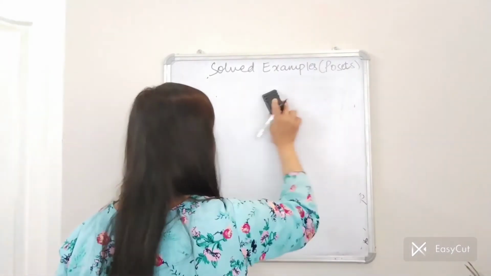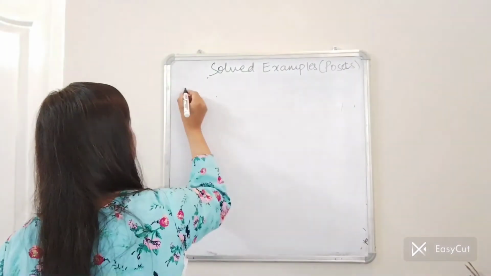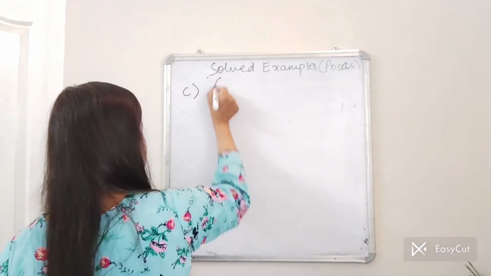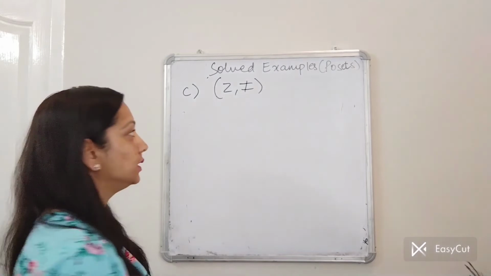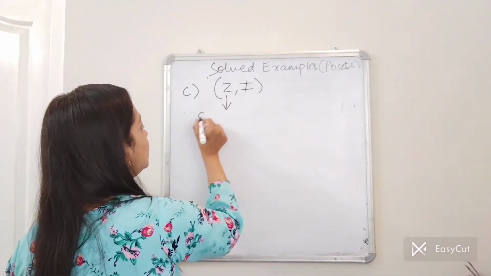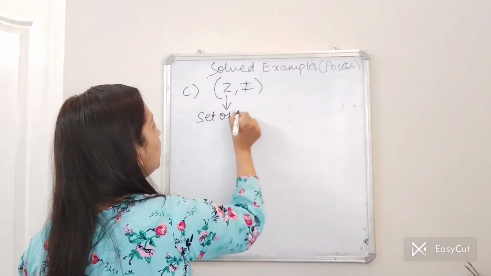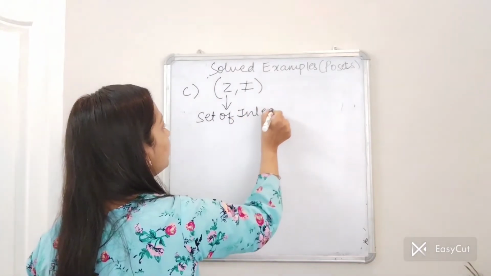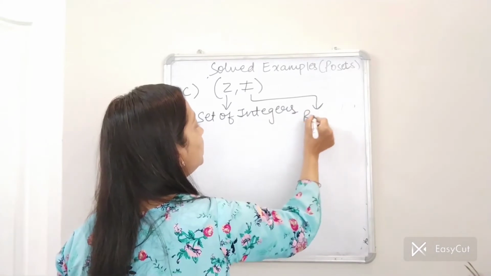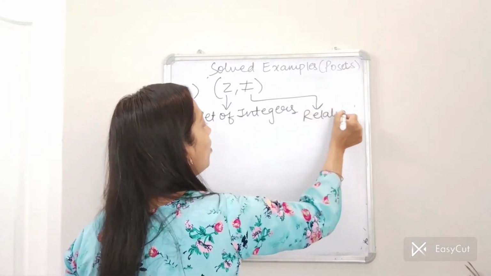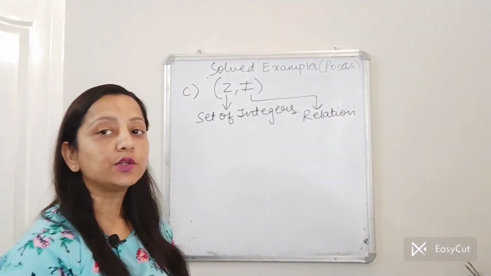Here I have to prove that Z comma not equal to is a poset. Now again I know that Z is the set of integers, and this not equal to is the relation which is formed on the set of integers.